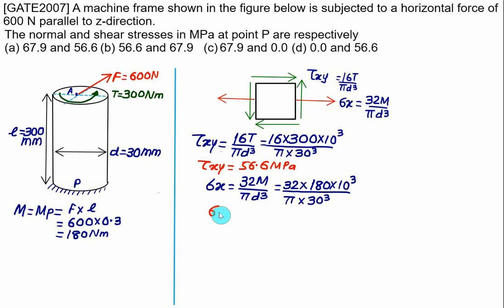In this case the normal stress produced is close to 67.9 megapascal. The normal and the shear stresses are 67.9 and 56.6. Choice A is the correct choice.